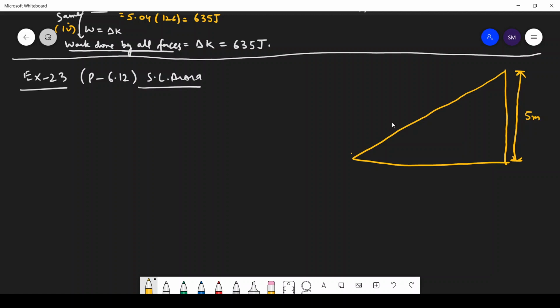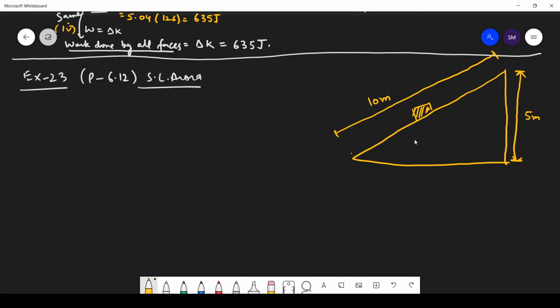So the length of the inclined plane is 10 meters, and the height is 5 meters. The mass, suppose it was somewhere in the middle when I was taking it upward or downward, doesn't matter.